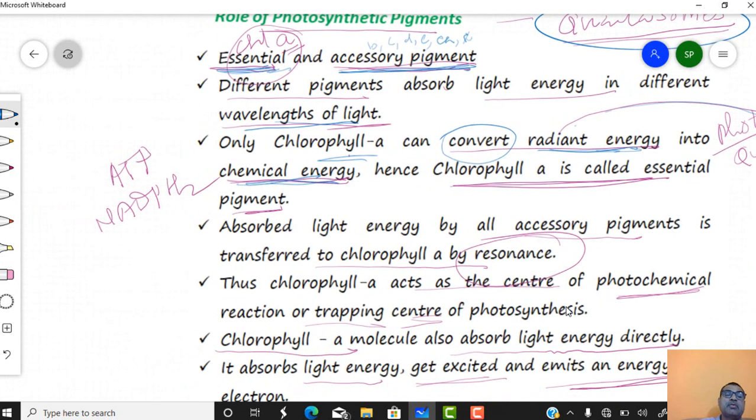It is present in the form of either adenosine triphosphate or reduced nicotinamide adenine dinucleotide phosphate, NADPH. So, only chlorophyll A can convert radiant energy into chemical energy, and hence chlorophyll A is called the essential pigment.